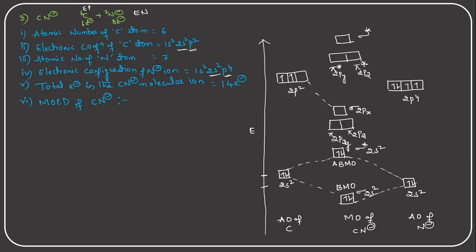Horizontal overlapping of the orbitals will give the sigma 2px. Okay. So these three orbitals are the bonding molecular orbitals, and these three orbitals are the anti-bonding molecular orbitals.